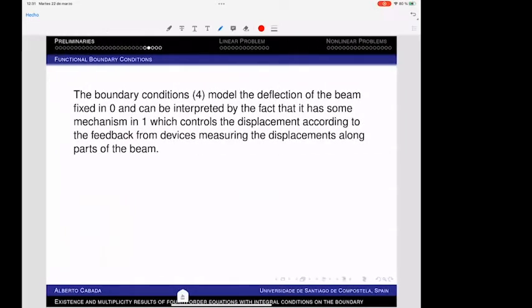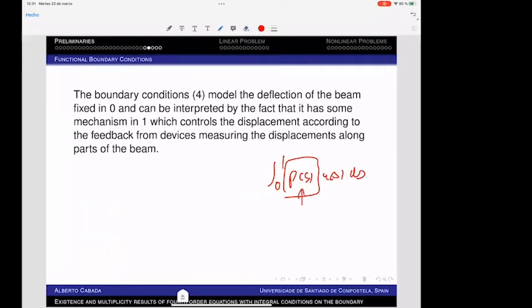What I say is that the problem will be more realistic if we have the integral from 0 to 1 of p(s) u(s) ds, where p will be some weight. This can be done. But I explain this because it depends on p, we must put which class of weight.